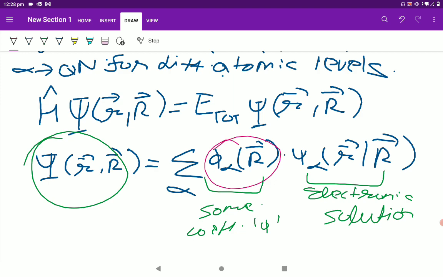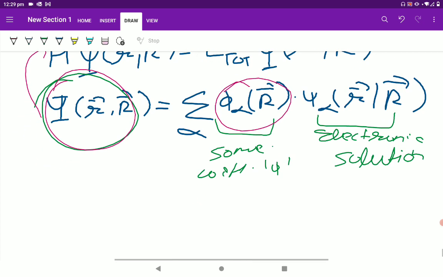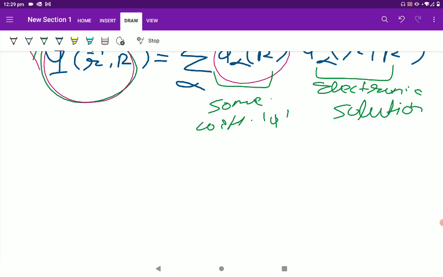So in order to solve, we put this in this equation. If we do this, which is the crucial point, we get a very complicated equation in which the phi alpha with different alpha are coupled together. So it is very difficult to solve. So basically we are using the adiabatic approximation.